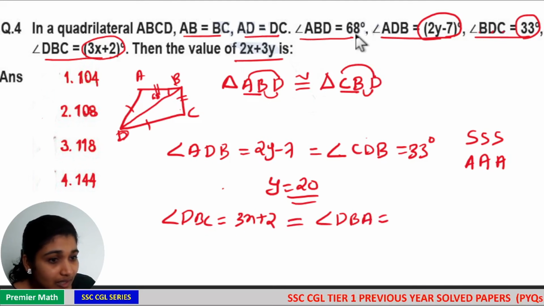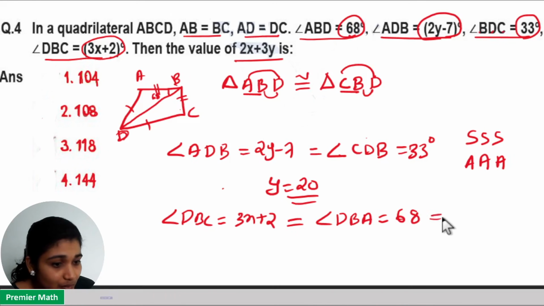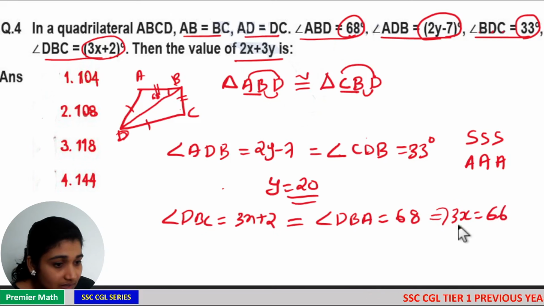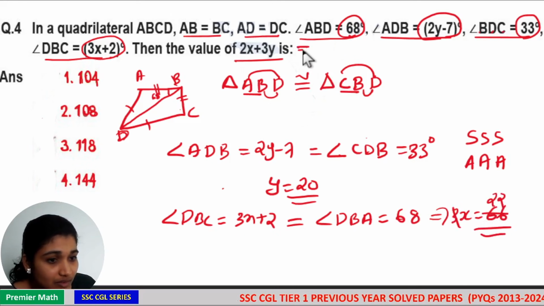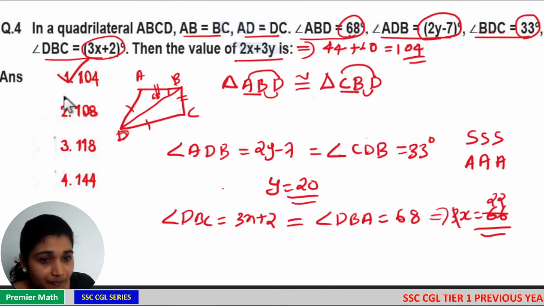Here angle DBA is 68 degree, which means 3x plus 2 is 68, means 3x is equal to 68 minus 2, 66. Then x is equal to 22. X is 22 means we have to find 2x plus 3y. 2x is equal to 2 into 22, 44. And 3y is equal to 3 into 20, 60. So total 104. Option 1 is your answer.